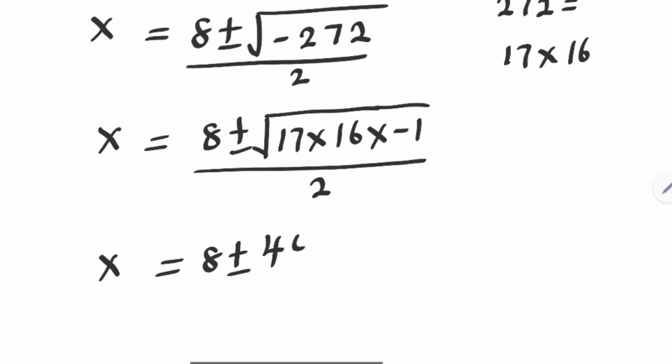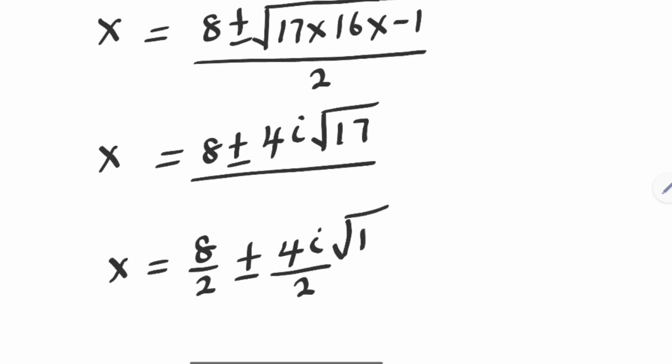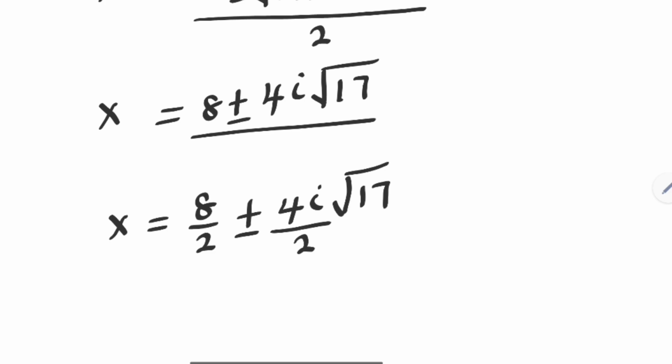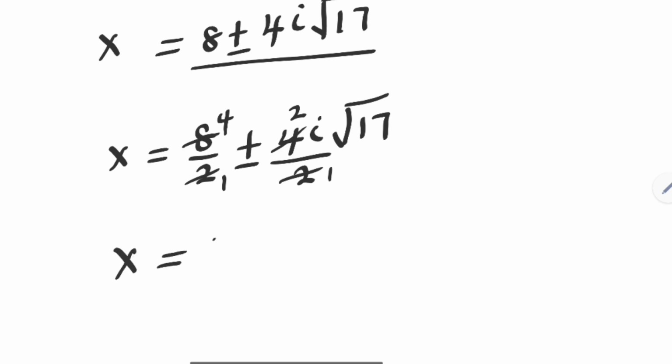Square root of minus 1 is i, then square root of 17 divided by 2. x is equal to 8 divided by 2 plus or minus 4i divided by 2 square root of 17. 2 here 1, 2 here 4, 2 here 1, 2 here 2. x is equal to 4 plus or minus 2i square root of 17.